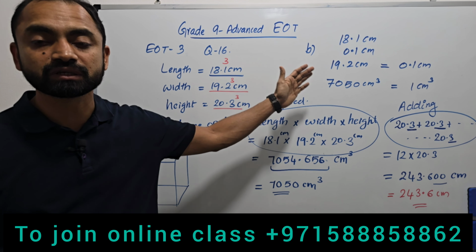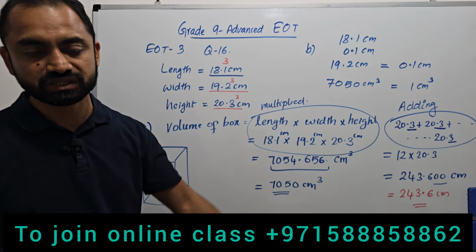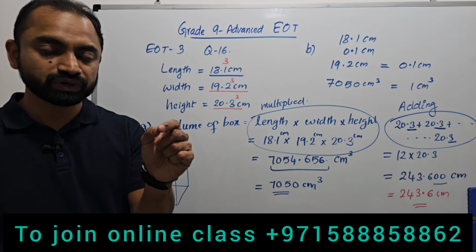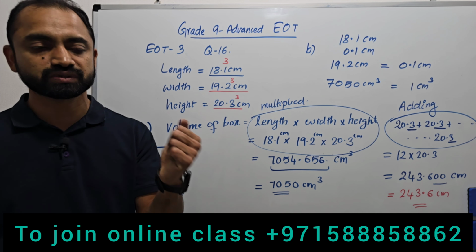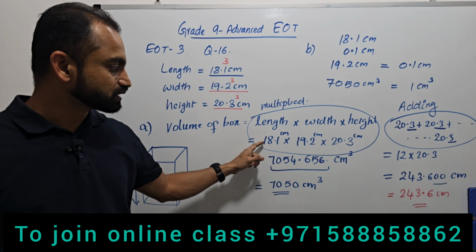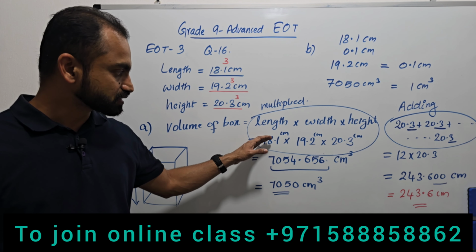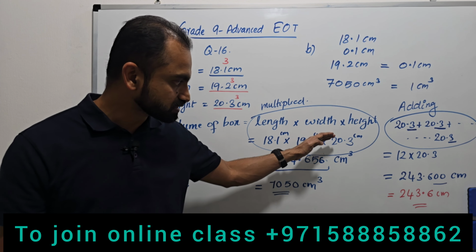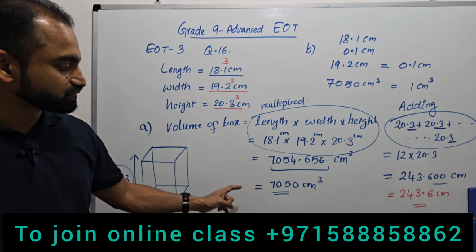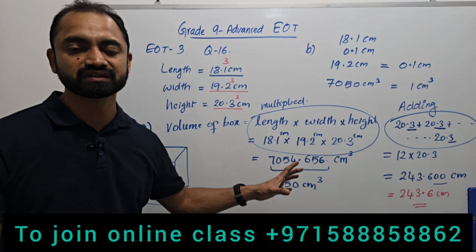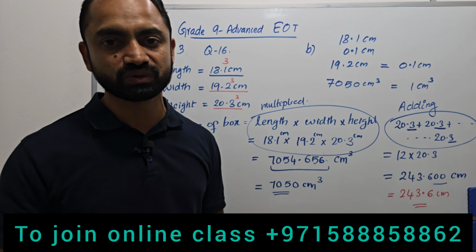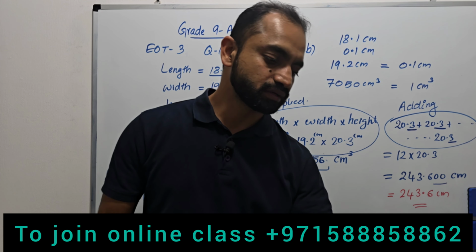But in multiplication or division, we do not count the decimal places. We need to count the number of significant digits. So here there are 3 significant digits, so we will write the answer in 3 significant digits. We need to round the answer to 3 significant digits.